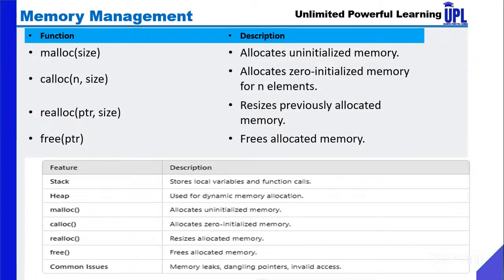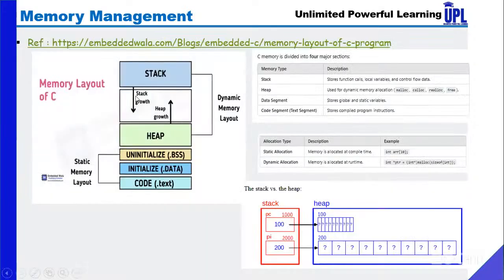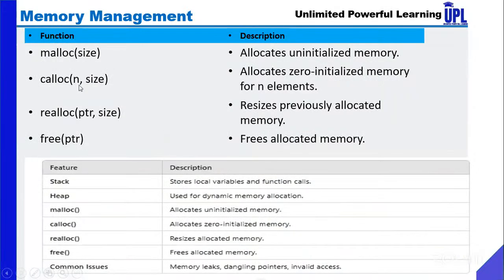So in the memory, we are targeting here to work here, and these are the different types of memory management in C programming. Usually that is called heap. Stack stores the local variables and function calls. Heap is dynamic memory allocation. Malloc allocates uninitialized memory. Calloc is zero initialized. Realloc resizes allocated memory.